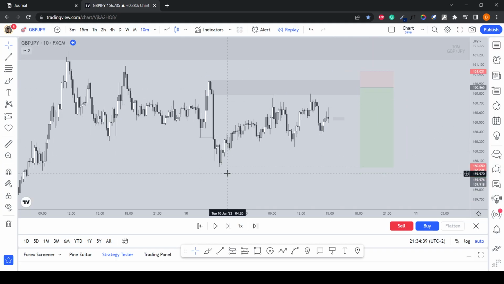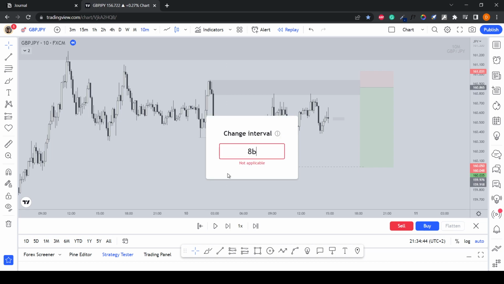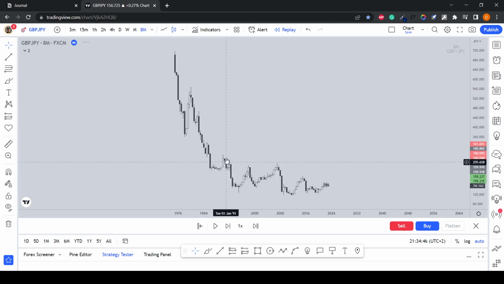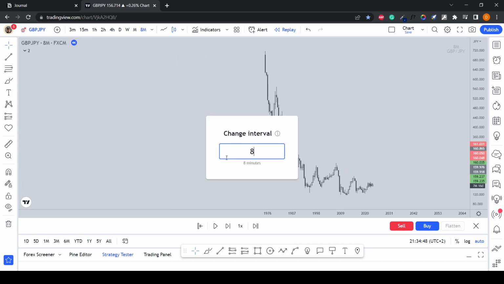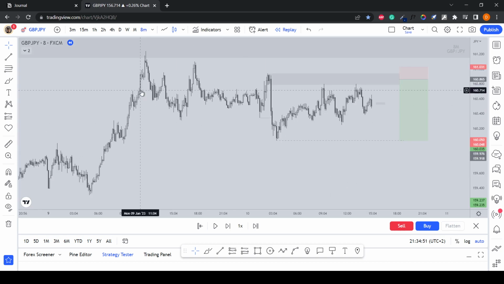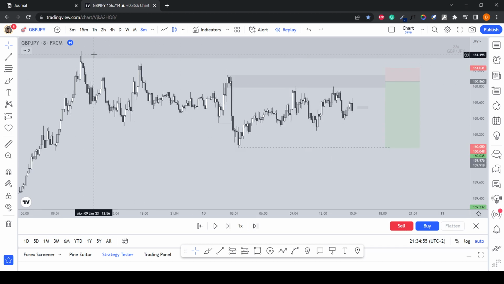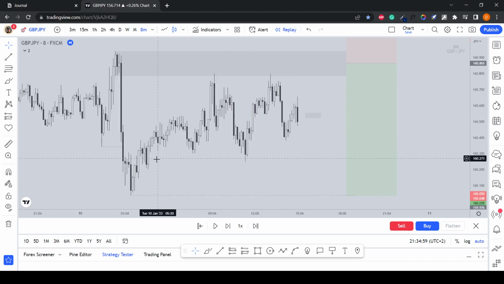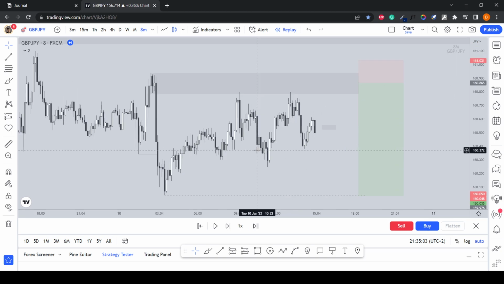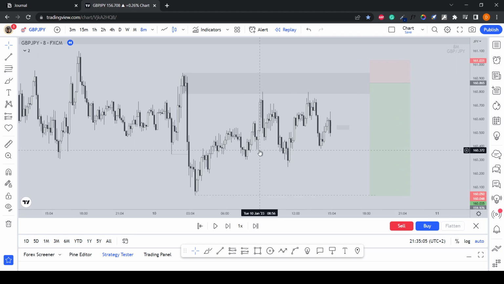So a 10-minute break, 10-minute zone, or maybe even 8. Sorry, I needed to play with it, yeah, so it was like an 8-minute zone or something, because we had a break here and then structure shifted, and I was looking for this zone. Again, based on quality, it's not the highest quality because of this box, but for me it was okay.